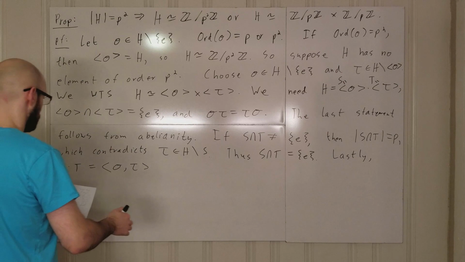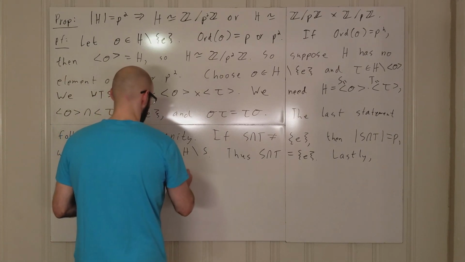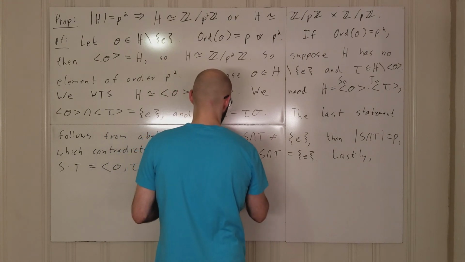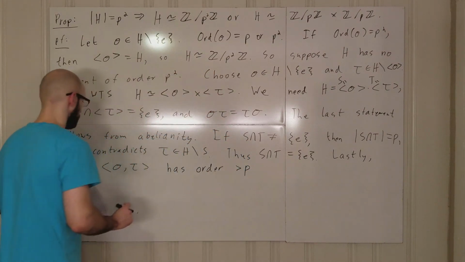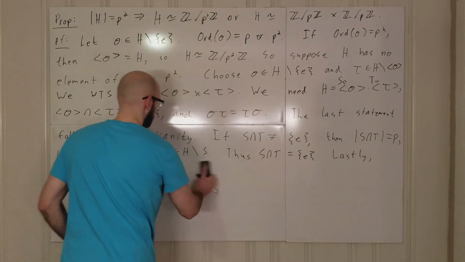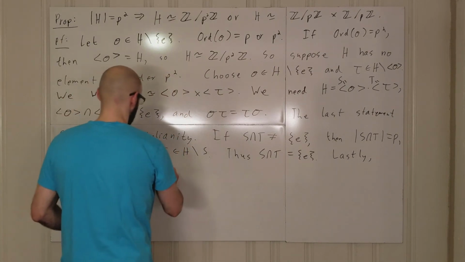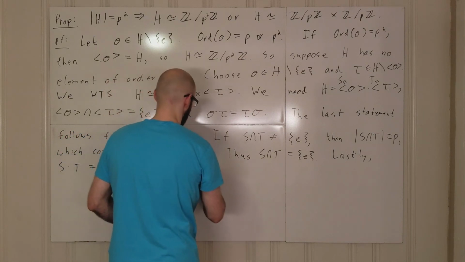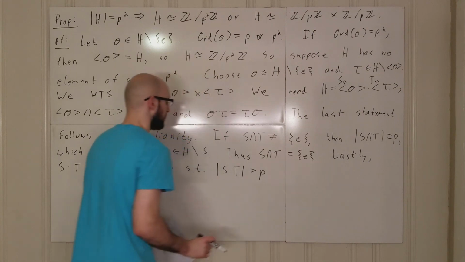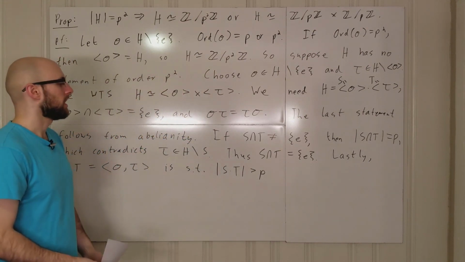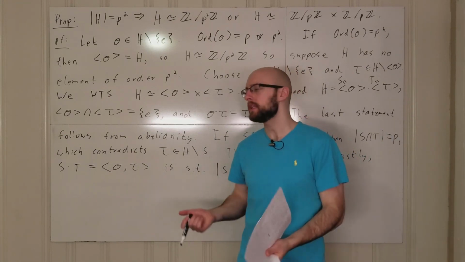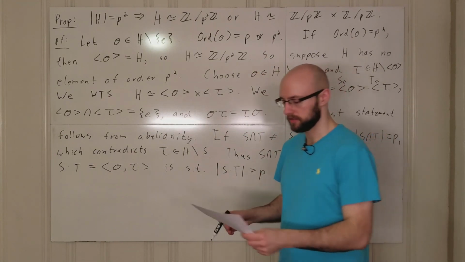Let's see here. So this is such that the order is strictly greater than P because it contains S and it also contains tau, which is not in S, so it's at least size P plus 1.